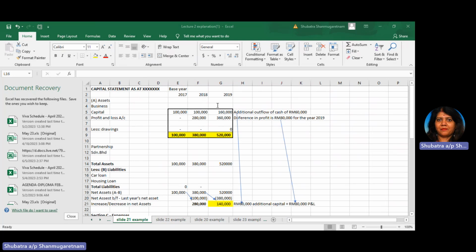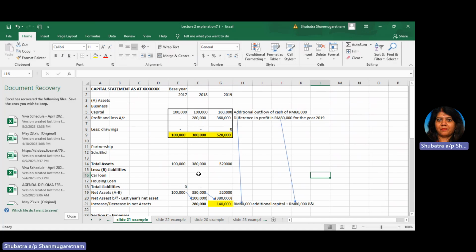All right. Now, the next asset continues from your capital business. The P&L appropriation account for Mr. Lee's sole proprietor business in 2018 was 280,000. Net profit in 2019 was 80,000. So there was no drawings. So in 2018, you made a net profit of 280,000. So from 2017 to 2018, there is an incremental outflow of cash. All right.